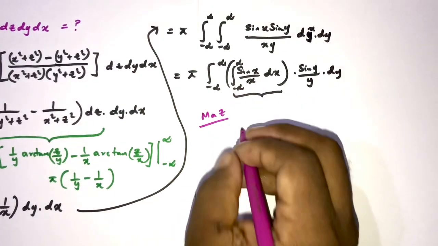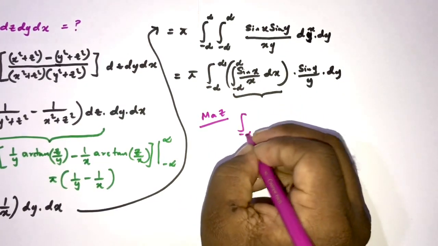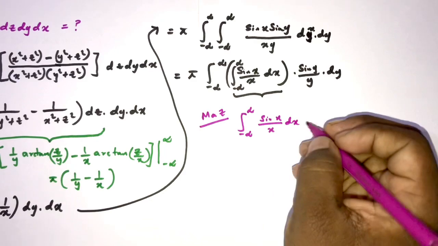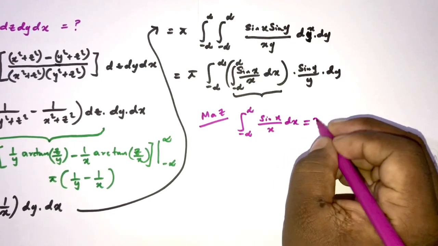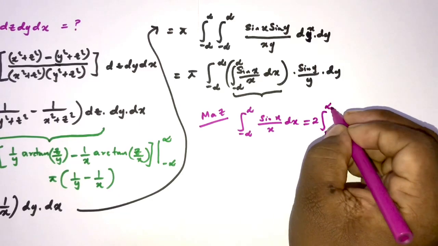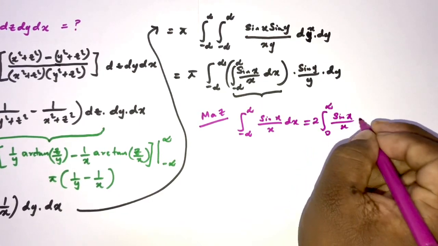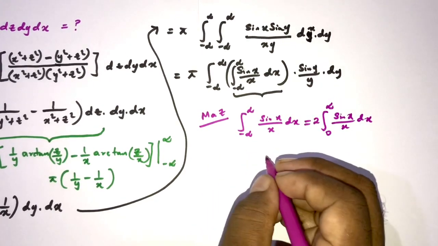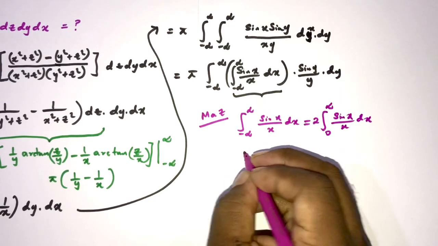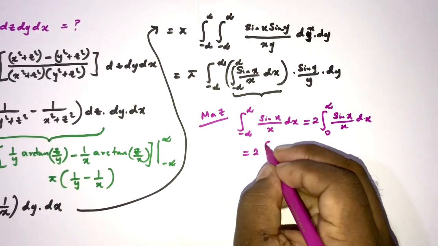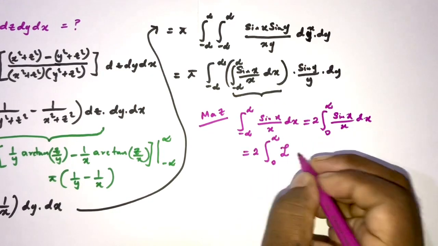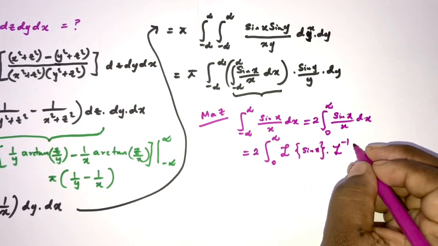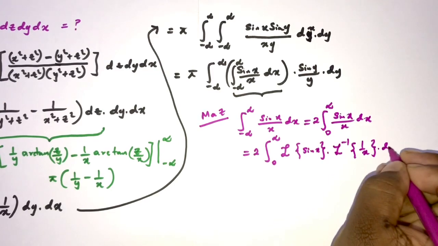Okay, here now we can write our integral from minus infinity to infinity of sine of x over x dx, and according to symmetry we can write this is equal to 2 times integral from 0 to infinity of sine of x over x dx. Now we know Mass identity, a very cute Laplace transform identity. So we can write now this is equal to 2 times integral from 0 to infinity of Laplace transform of sine of x times inverse Laplace transform of 1 over x dx.